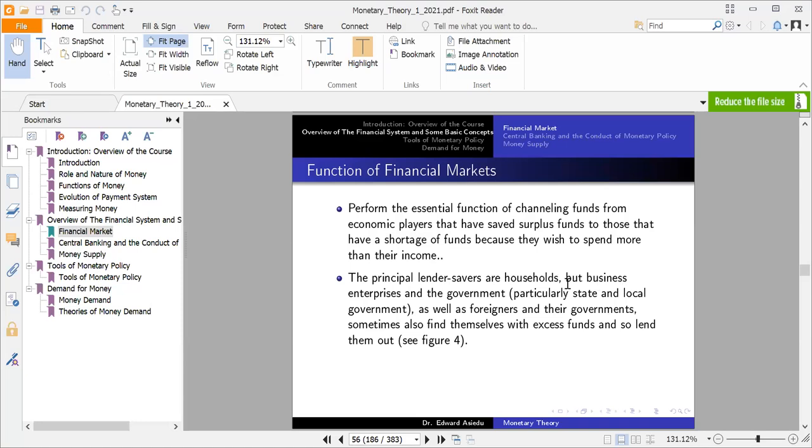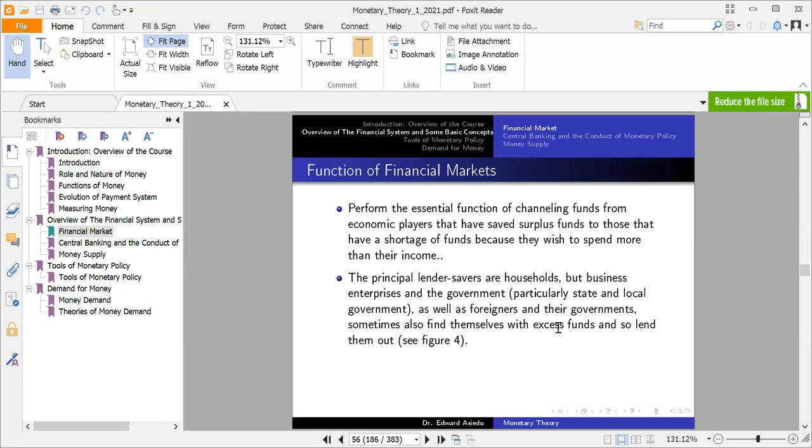Businesses put in their money, and the government, particularly state and local governments, may have money that they can also put. Foreigners can also come and save in our economy. So they will open an account and bring in foreign direct investment and some transfers into the economy, and foreign governments can also come in and put in money. Okay. So typically, those who have excess funds will tend to be lenders.